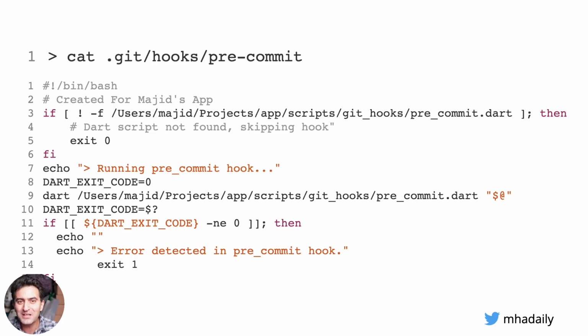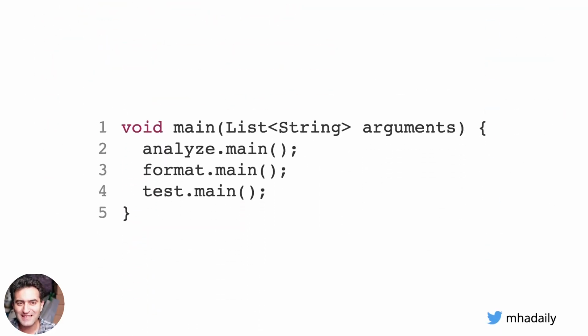So technically, you don't need to write any other code except Dart. You just need to add this Dart script to your pre-commit Git hook, as you have in your project. So this is exactly what you can do with all of the others.